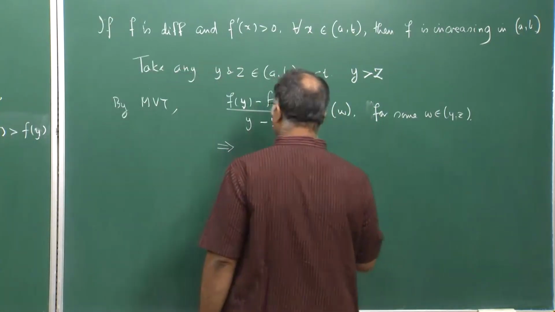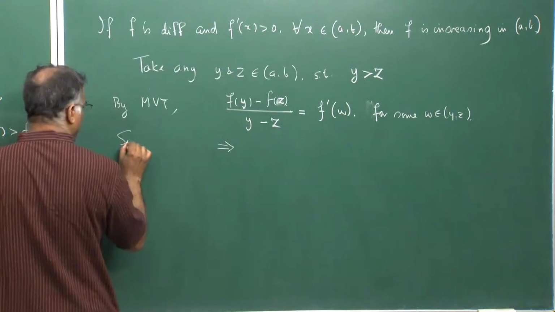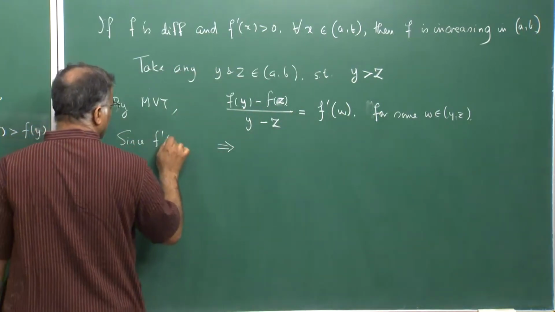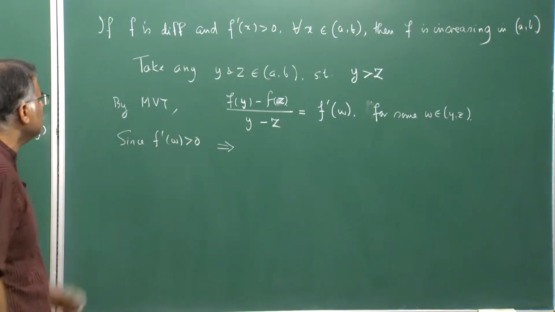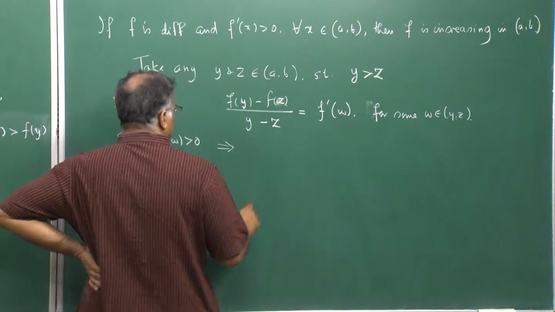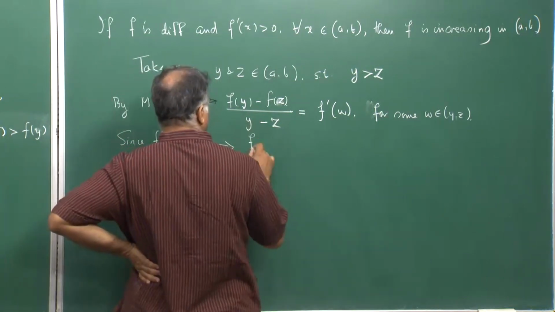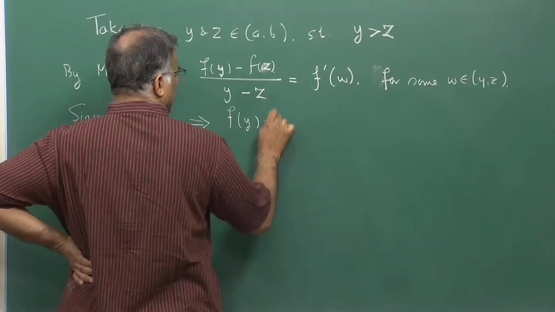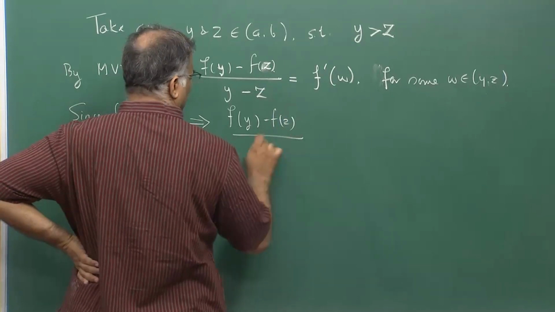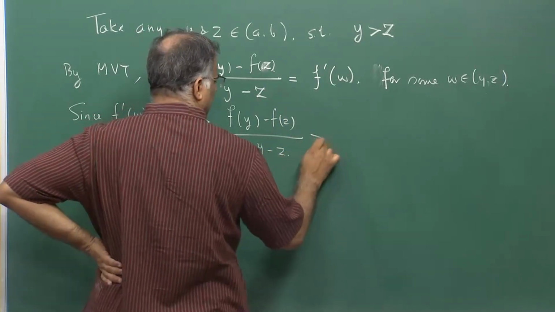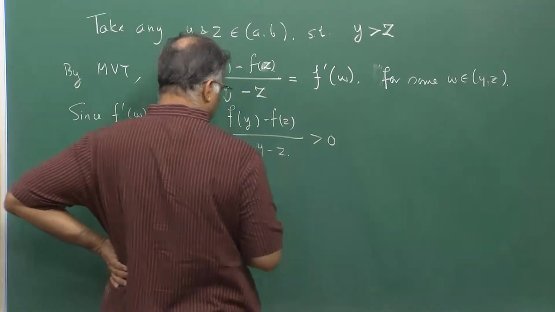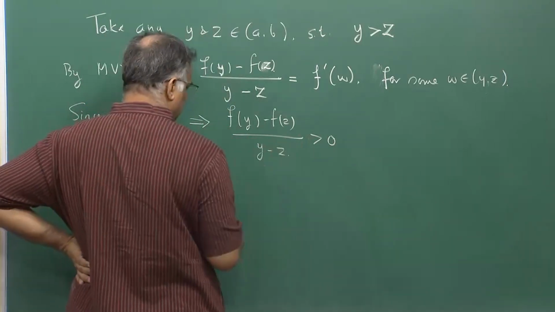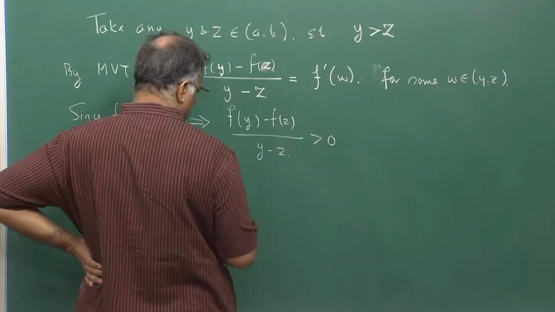Since f dash w is strictly bigger than 0, it simply implies that Fy minus Fz by y minus z is strictly bigger than 0. Now you multiply both sides by y minus z, which is strictly bigger than 0, so the inequality does not change.